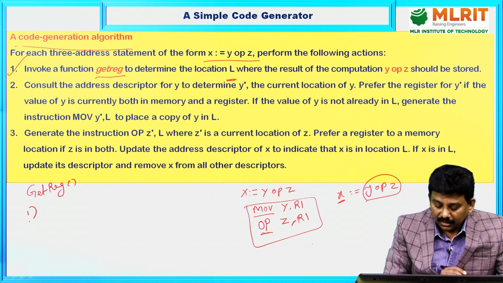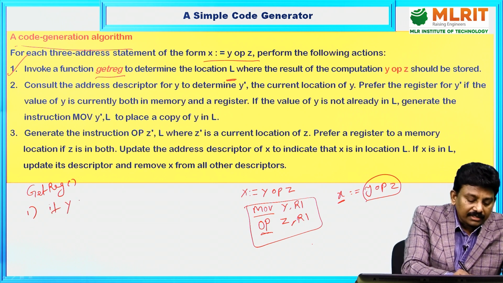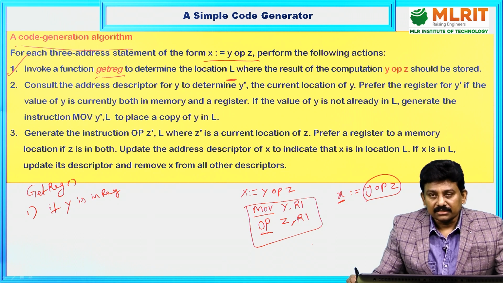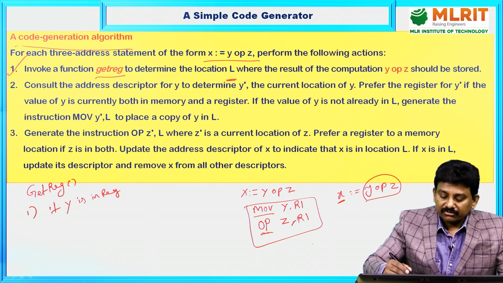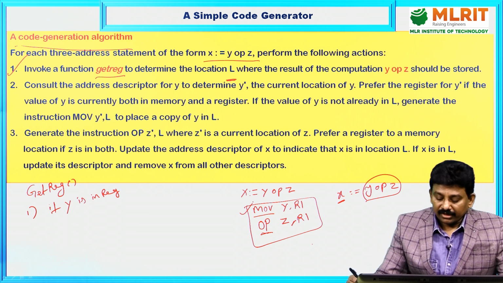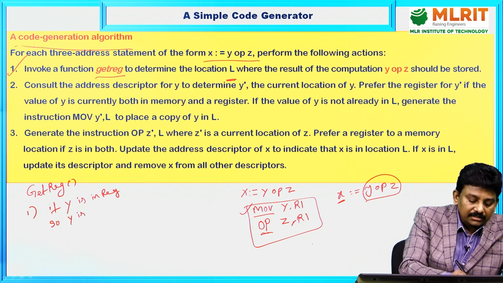First one, if y is in a register, that means the content of the variable y is already in some register, there is no need for the move operation, so y is no more needed.